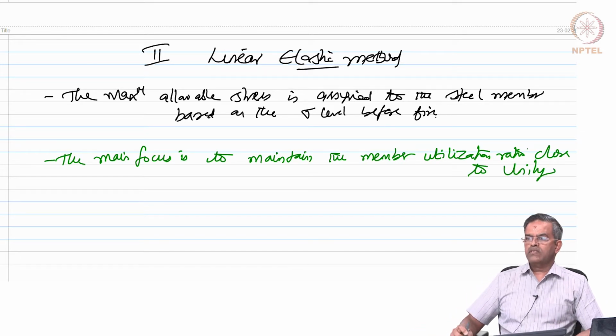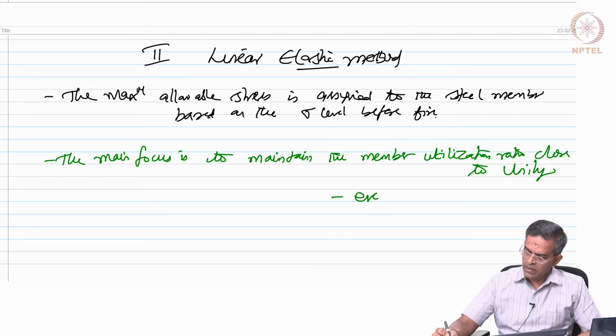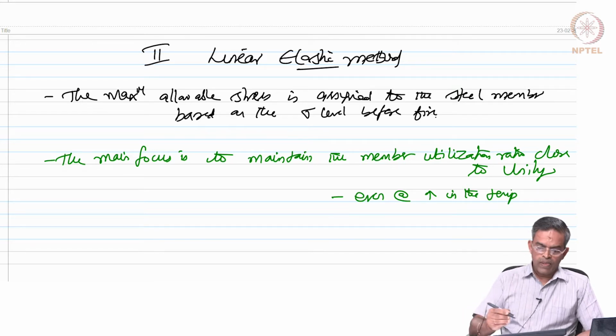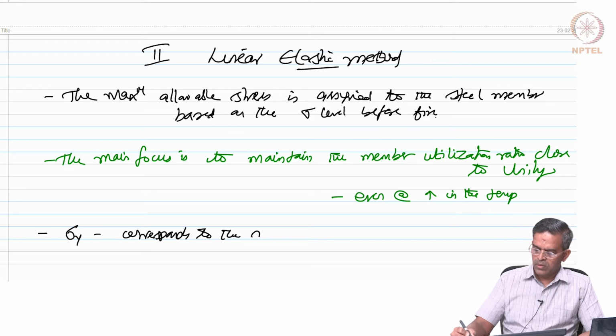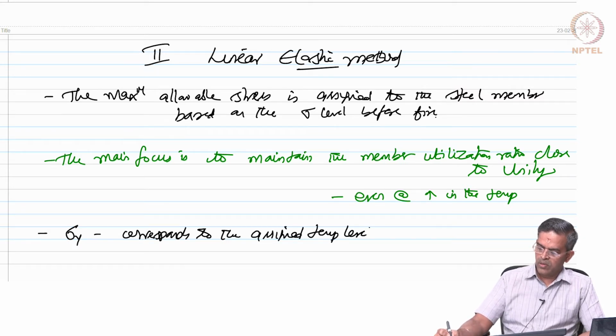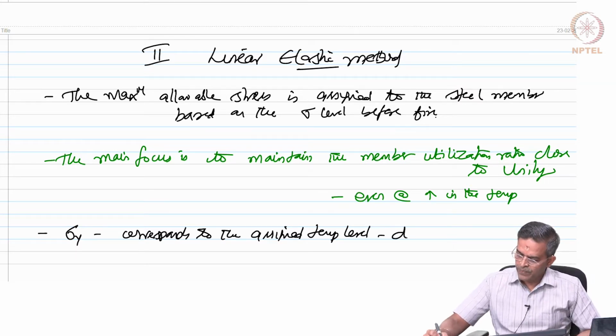So, effective utilization is ensured, and this is done even at increase in the temperature. Okay. In this design method, the stress level corresponds to the assigned temperature level. So, you have to pick up the yield value with respect to the corresponding temperature level of steel during fire.